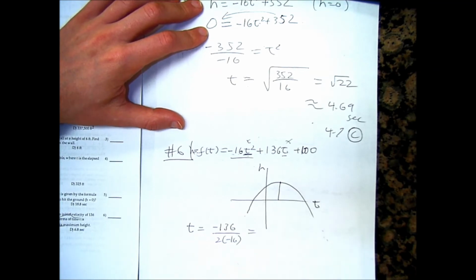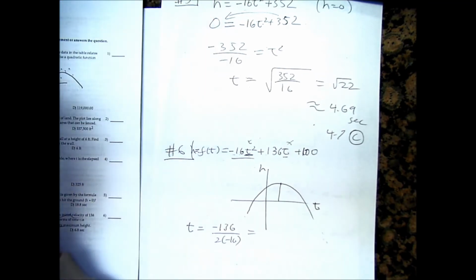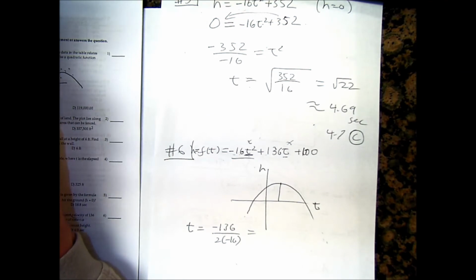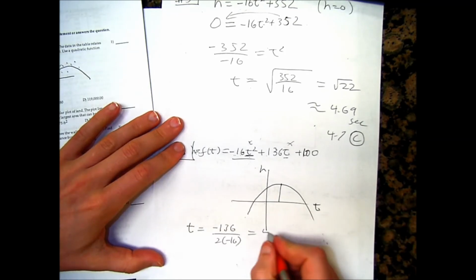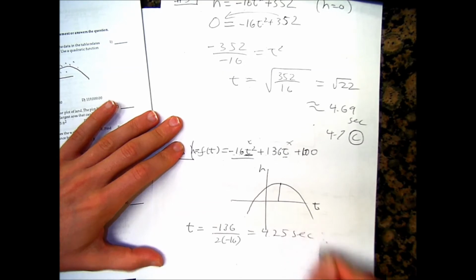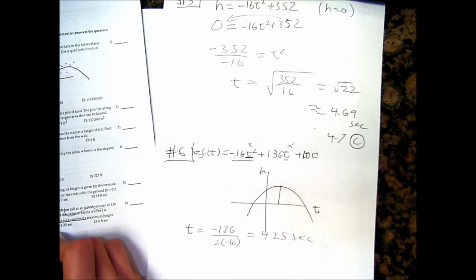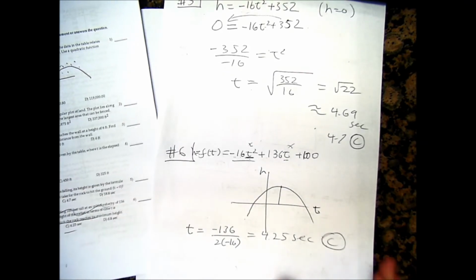And the problem's done. So very conceptual, not a lot of computing. So negative 136 divided by negative 32 gives me 4.25, which is C. Okay?